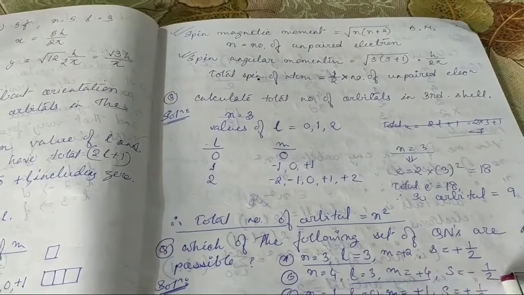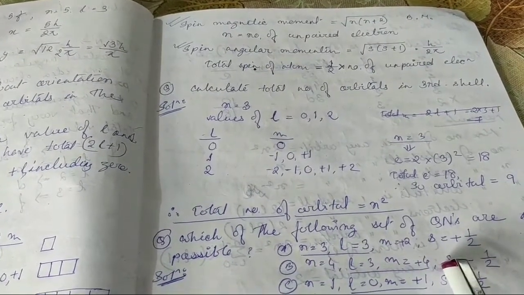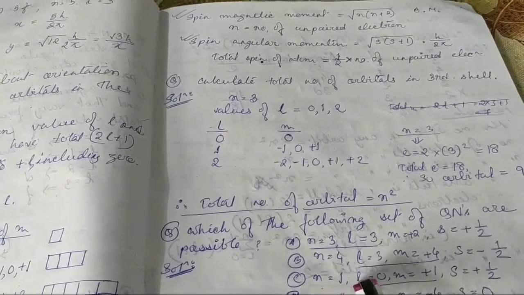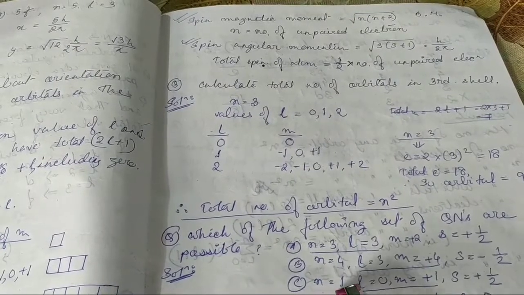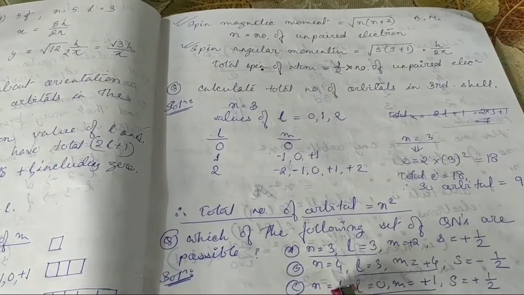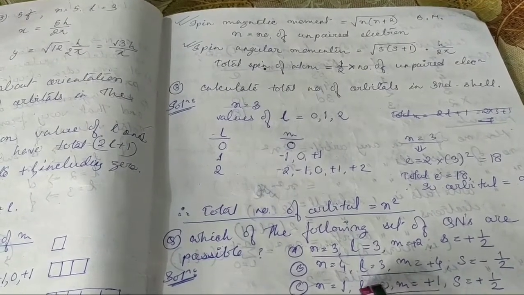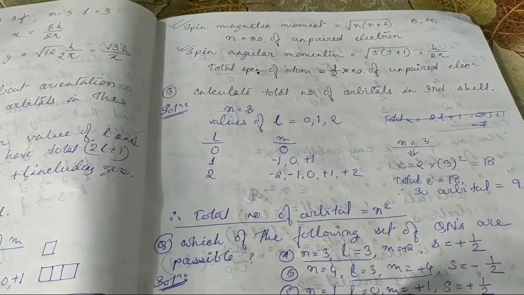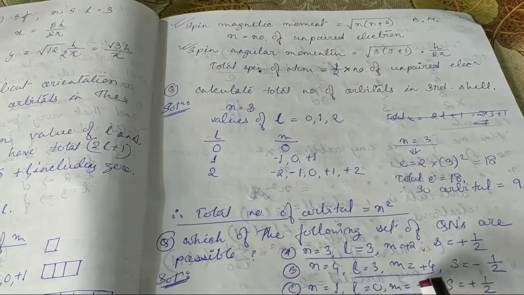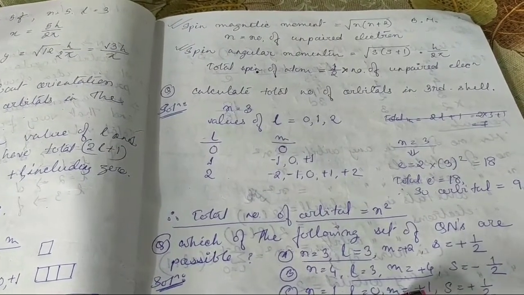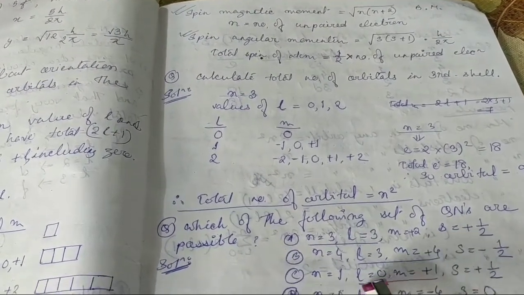So this set is again not possible. Next we are coming to this set, n equal to 1, L equal to 0. It is okay. For n equal to 1, it can have only one value, that is 0. Now for L equal to 0, m will have only one value, that is 0. So plus 1 is not possible.